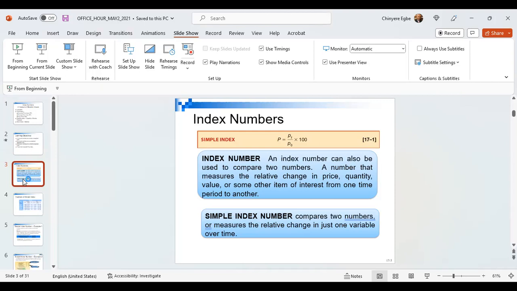You can create an index comparing China to the United States, and I'm going to provide you illustrations. A simple index simply compares two numbers or measures the relative change in just one variable over time. And I'm going to provide you an illustration.